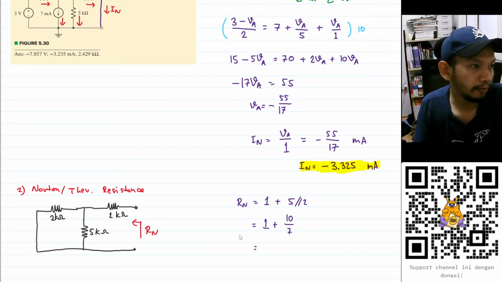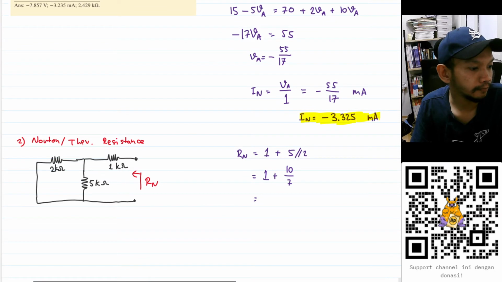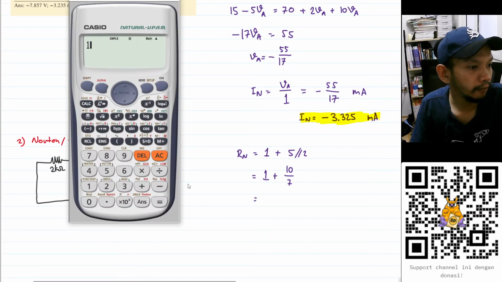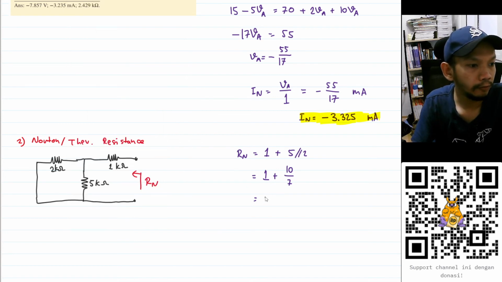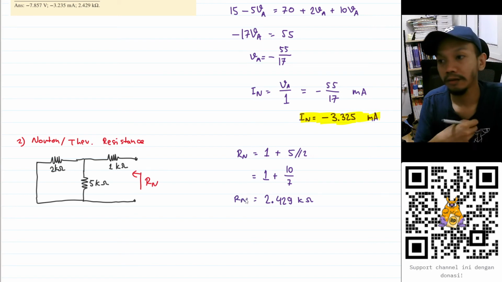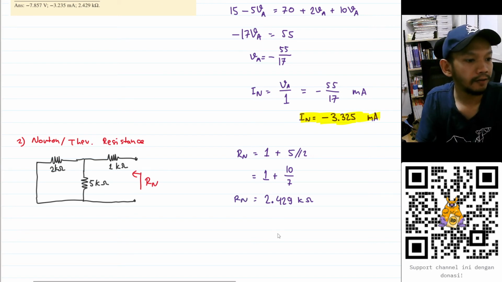That should be a calculator task. So I have 1 plus 10 over 7, which is 2.429, and the unit will be kilo ohm. This is the Norton resistance here.